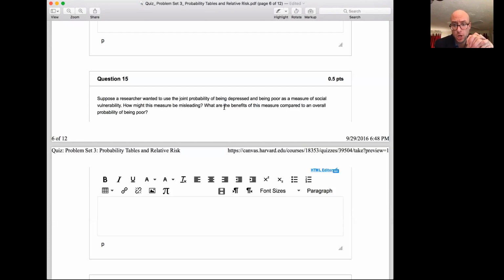It doesn't really show the relative risk or the conditional probability of being depressed compared to being non-depressed. Because that also accounts for sample size. There are more non-poor people than poor people. So we want to scale, we want to have a conditional probability that says, okay, if we look at just poor people in the sample and the non-poor people in the sample, of those two groups, when we look at conditional probability, what's your highest conditional probability?